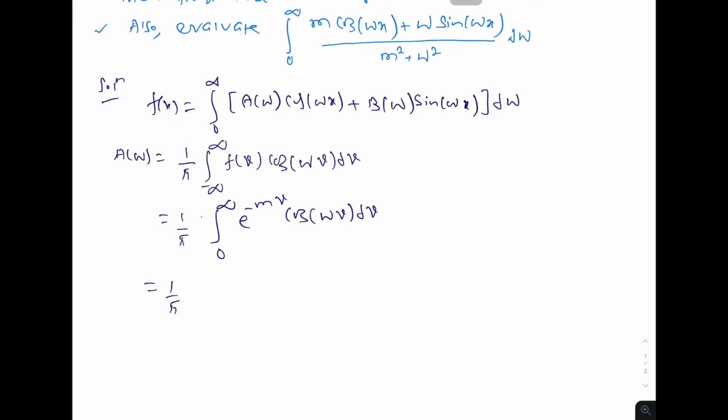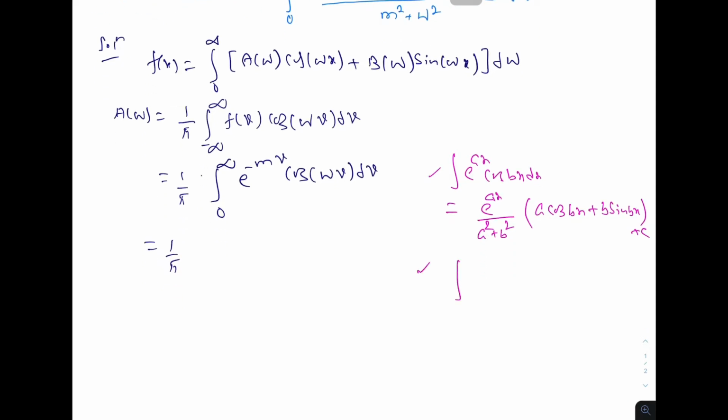The integration of e power ax cosine bx is equal to e power ax upon a square plus b square times (a cosine bx plus b sin bx).